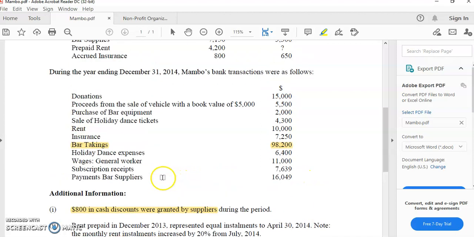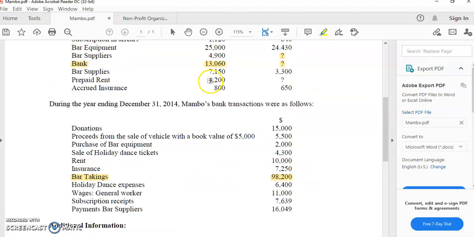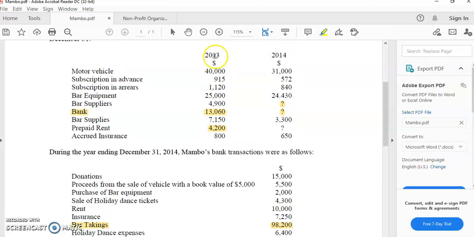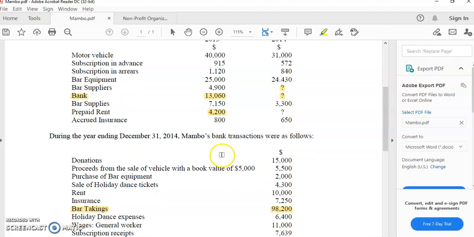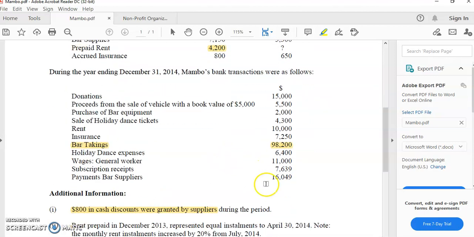So when they talk about that, they were referring to this $4,200 here, which was prepaid at the end of December 2013, and that prepayment was for 4 months of the financial year 2014, from January to April, in equal installments.